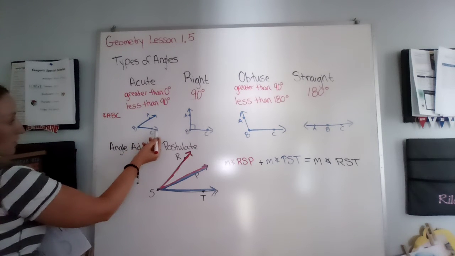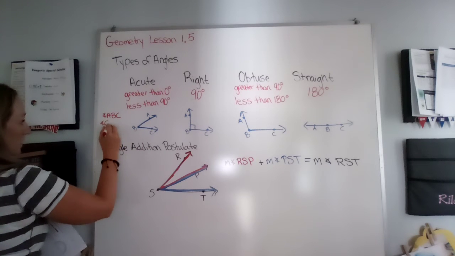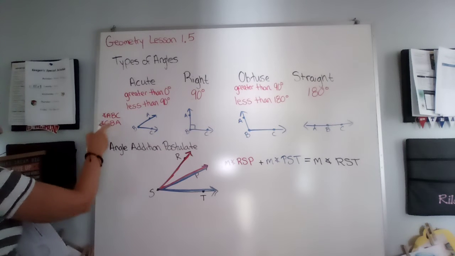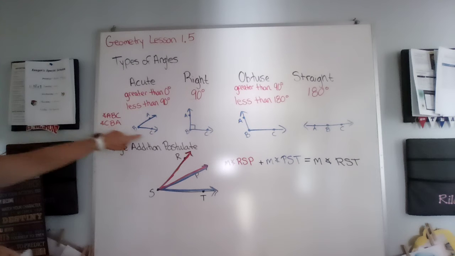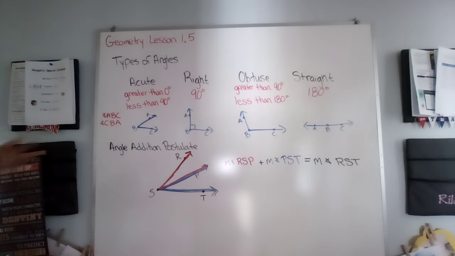I could go from C to B to A. Angle CBA. Notice both times the letter B, that is in the middle. Your vertex letter should be in the middle. So again, you could name this angle, think about tracing it, ABC or CBA. You could reverse the letters, and that would be appropriate.